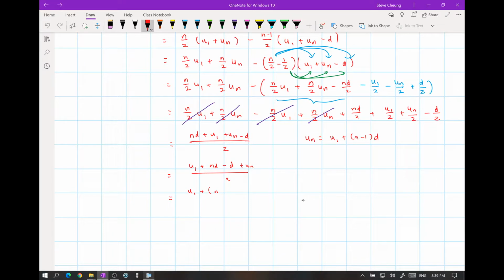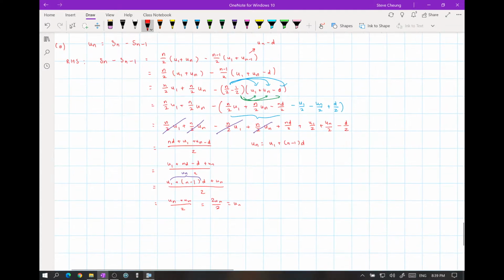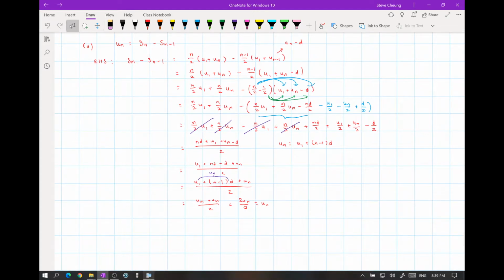So I can factor out d. But this part here is just un. So this is just un plus un all over 2, which is un. Whew. Okay. So that's the first part.